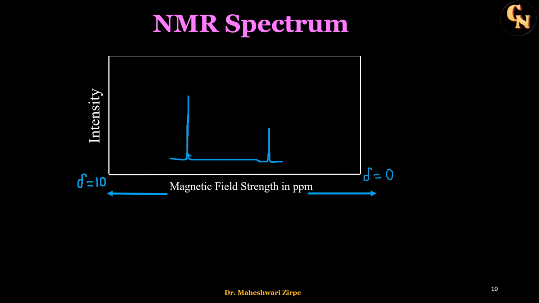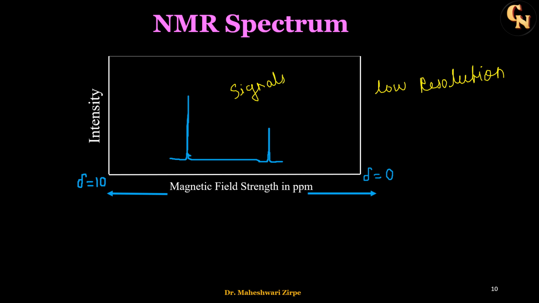Whatever I have shown here, we are seeing in low resolution. So there are two signals. In low resolution we can see two signals, and these are known as signals.